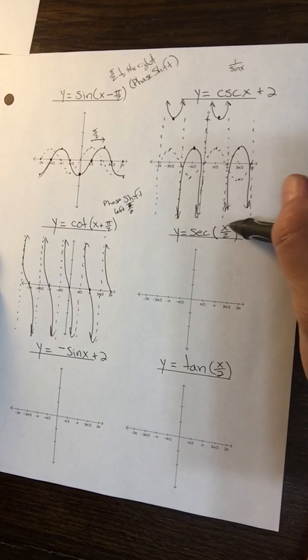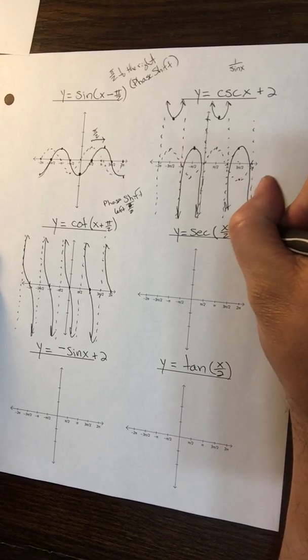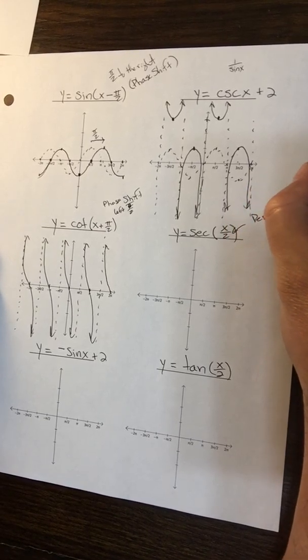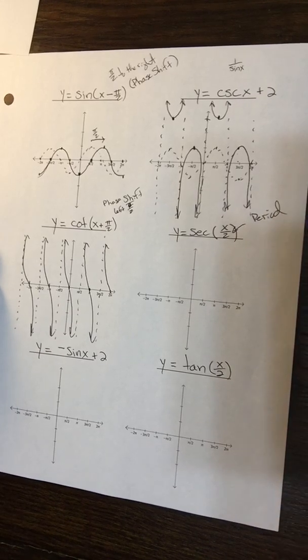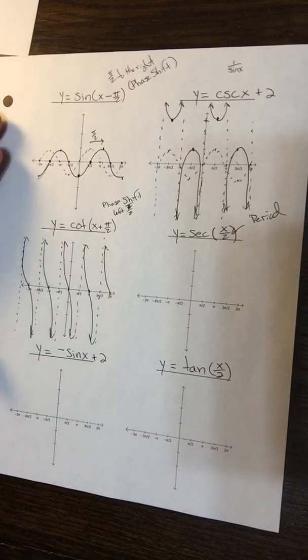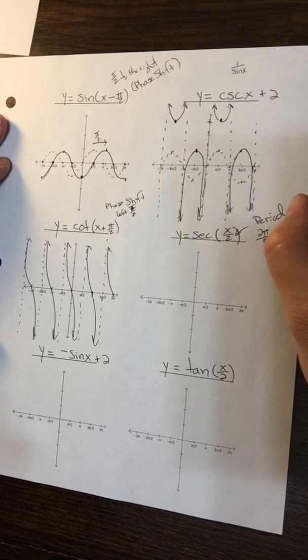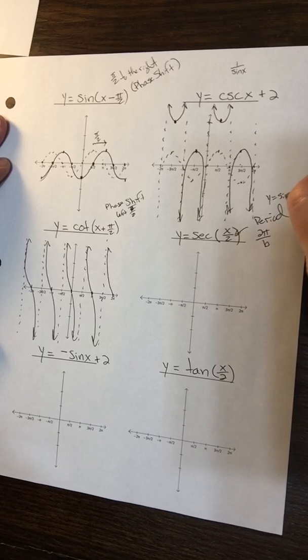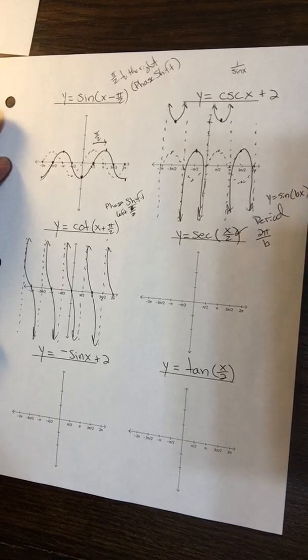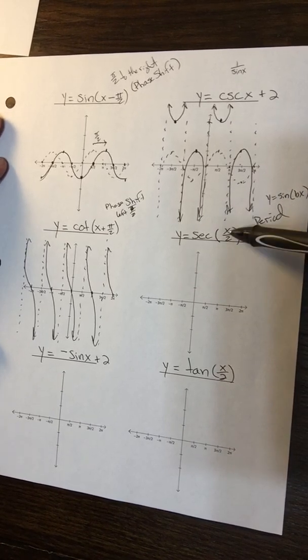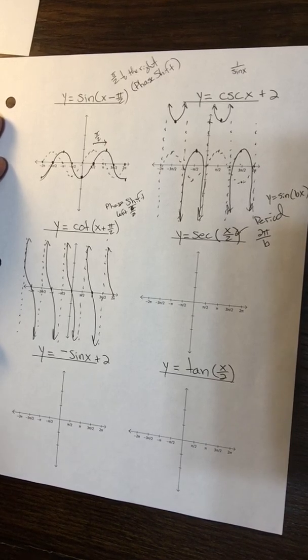Okay, if I have secant of x over 2, this number affects the period. We learned this right before winter break. The period is always going to be 2 pi divided by b, and that's from y equals the sine of bx. If x is being divided by 2, it's not multiplied, so it's like it's multiplied by a 1/2 right there.